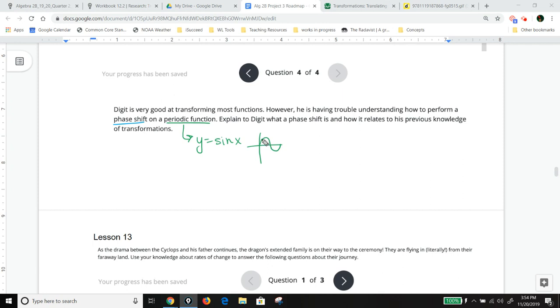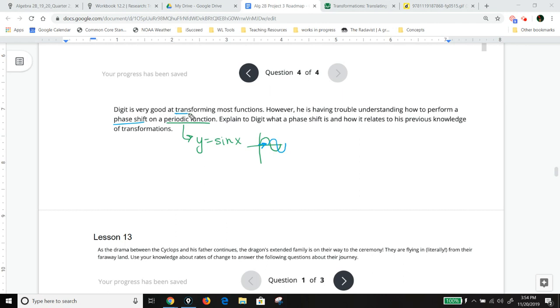A phase shift is where I'm taking this entire phase, this entire up and down, and I'm shifting it in some way. So maybe it's a horizontal transformation, and then now I would have the exact same function moved left and right. So what she's wanting to do, or it seems to me that Digit is getting confused on the vocabulary here.